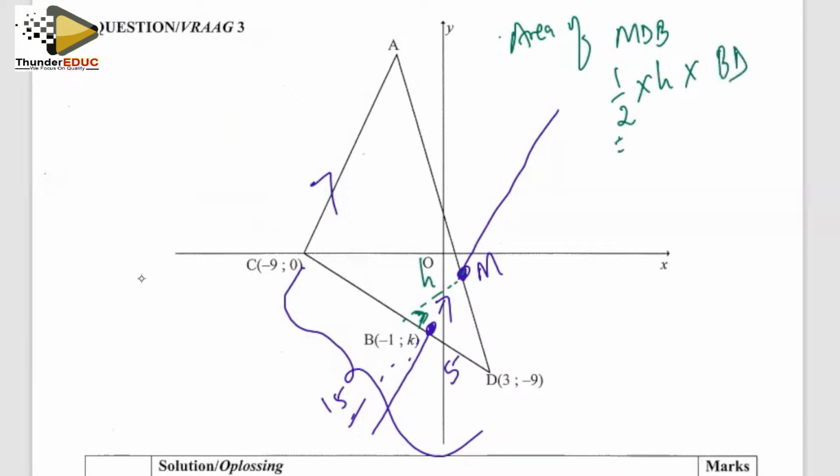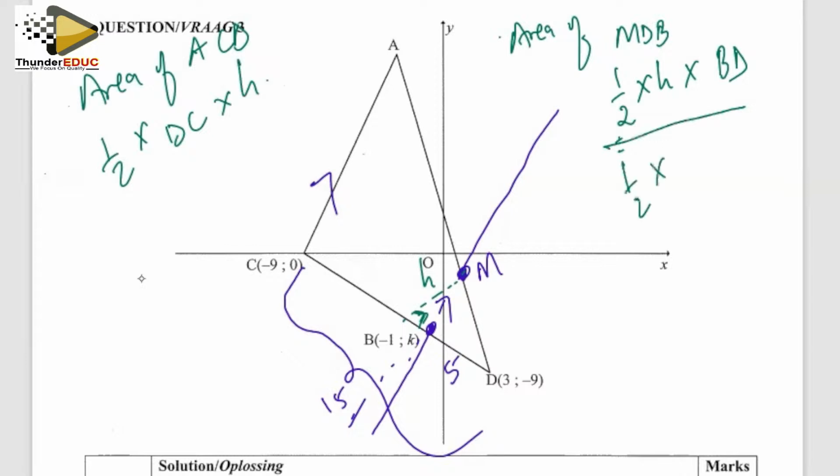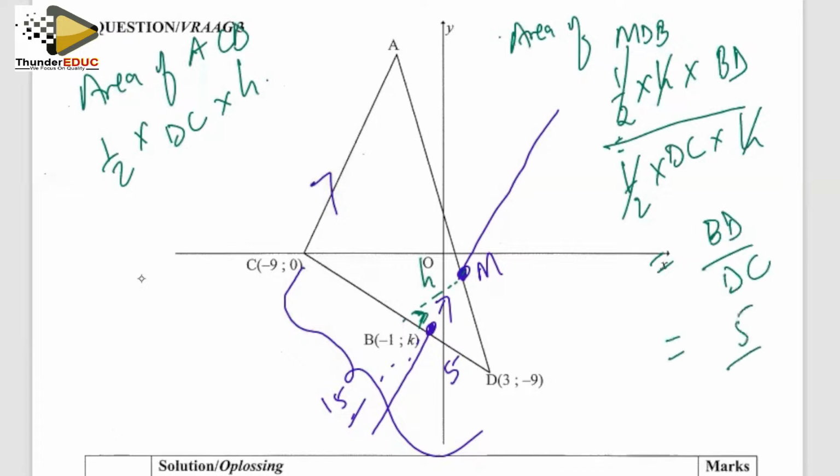Then if I look for the area of the big triangle, which is ACD, I'm going to use the same height, which is a half times the entire distance, which is our base, which is DC, multiplied by the same height. So if I'm to compare the two, I'll have a half times DC times H. So a half and a half will cancel, the H and the H will cancel, which means I'll be left with just BD over DC. So my BD is 5, that is 15, which means the ratio of the area will also be in that format, 1/3.